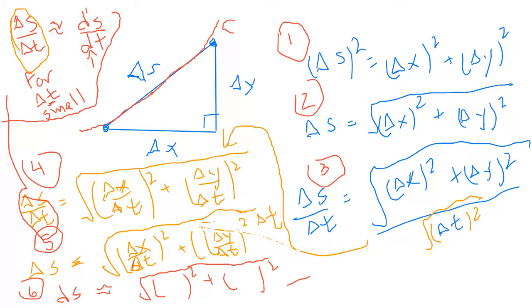So the ds and dt are differentials, right? But basically the idea is that the slope of the secant lines as delta t gets small will approach the derivative of s with respect to t.